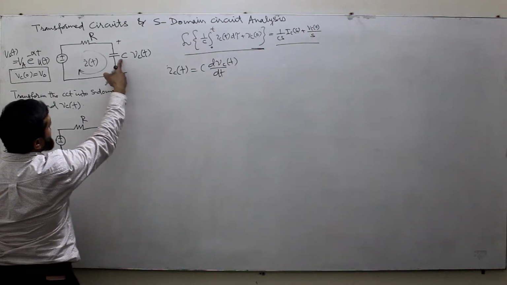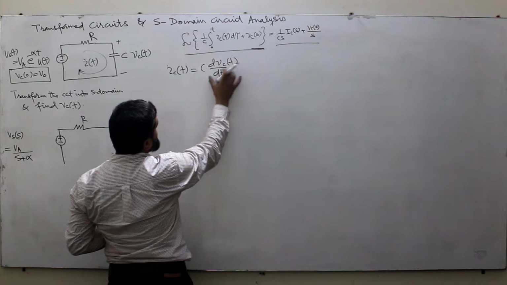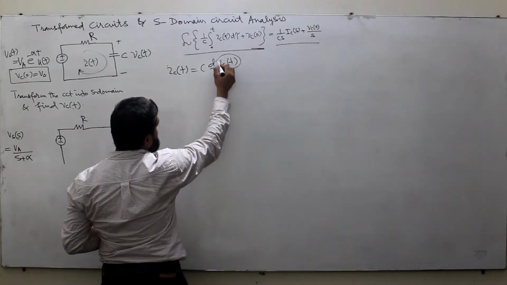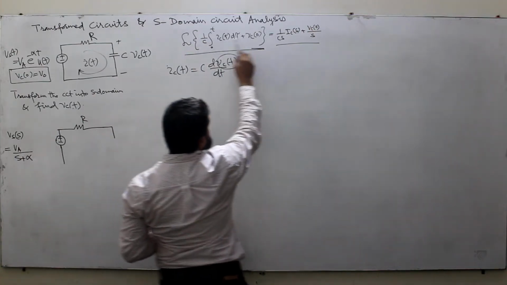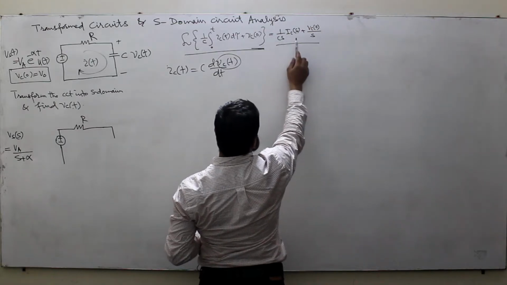However, for C, we know IC of t is equal to C into dVc over dt. From here, if we want to find out this Vc of t, that will be equal to this one, and using the Laplace transform integration property, this is equal to this one.